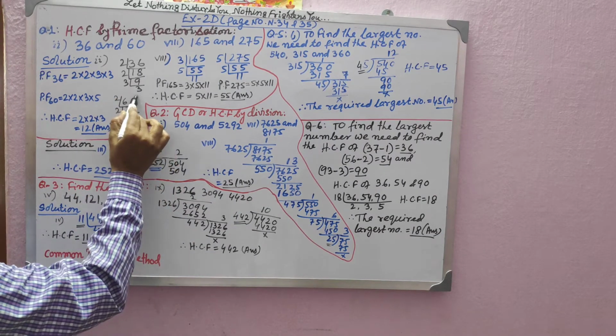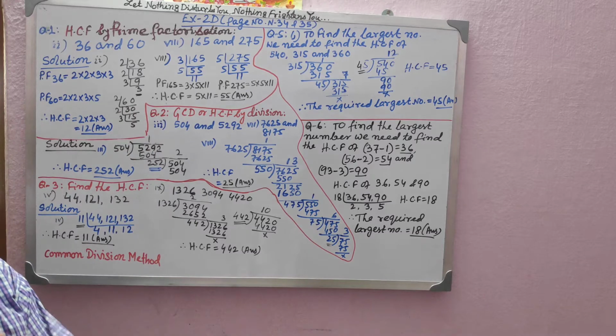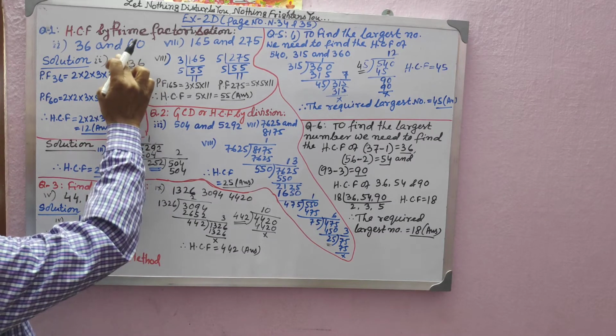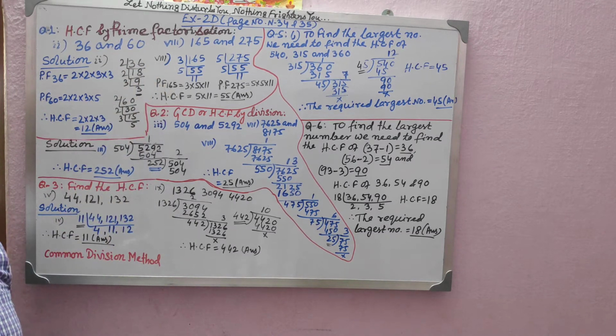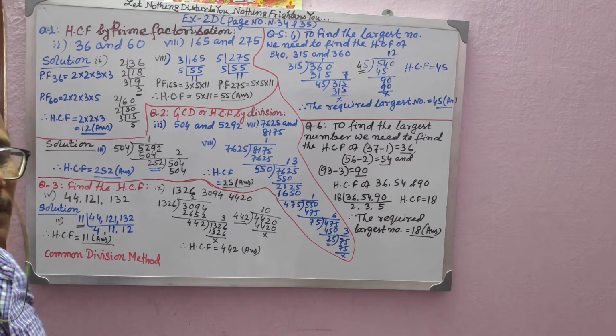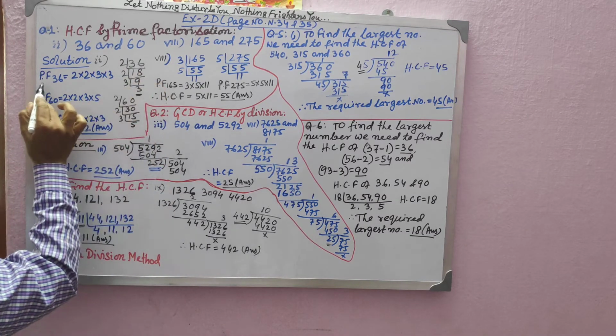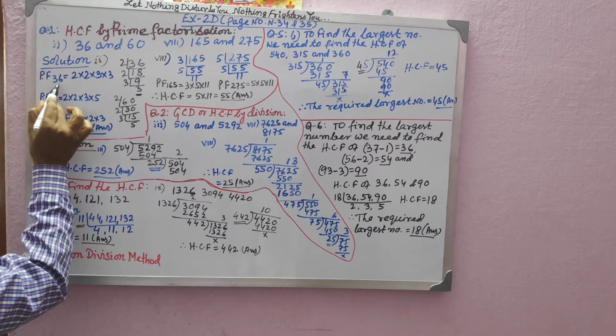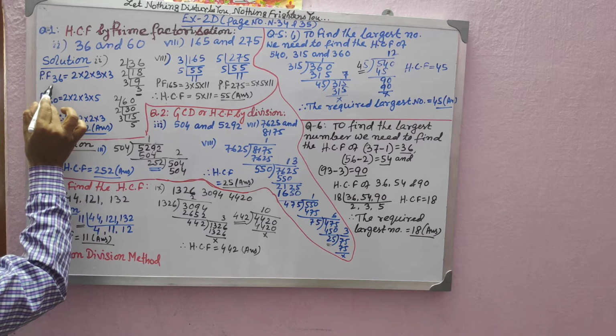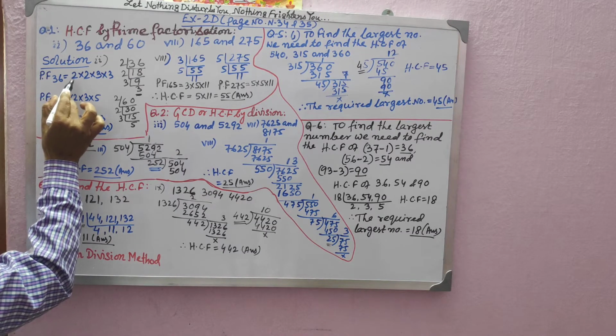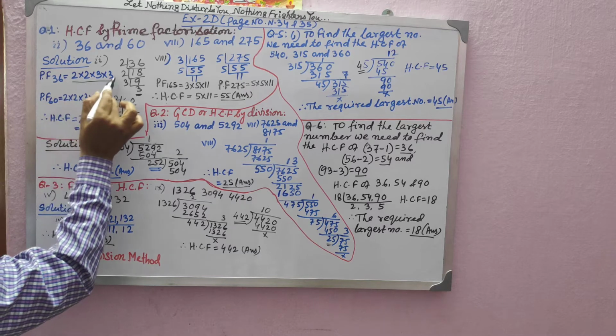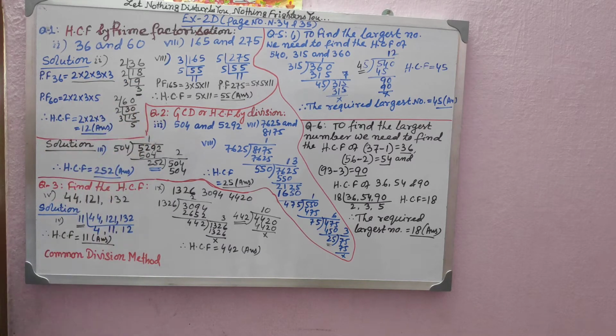Now at last when you find a prime number, you stop the division. That way you find the product of the prime numbers of that particular number. So the prime factor of 36, P of 36, can be written as 2 into 2 into 3 into 3, a product of all the prime factors. You understand? Could you understand me?